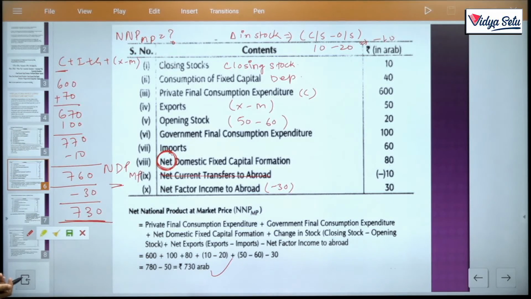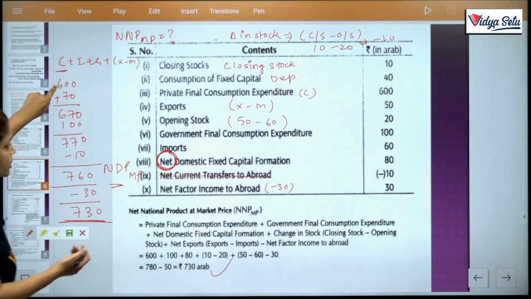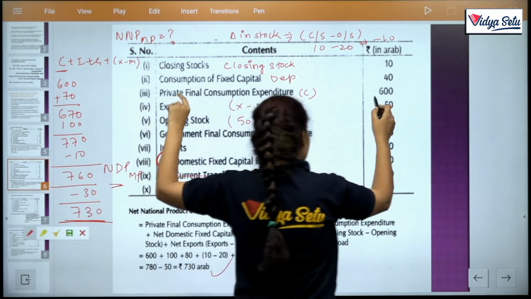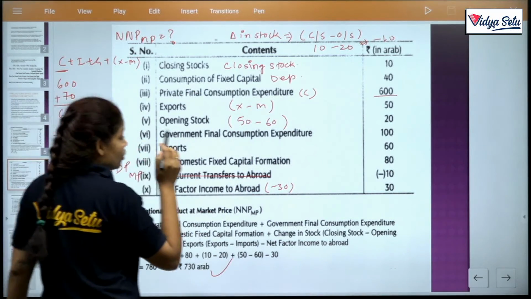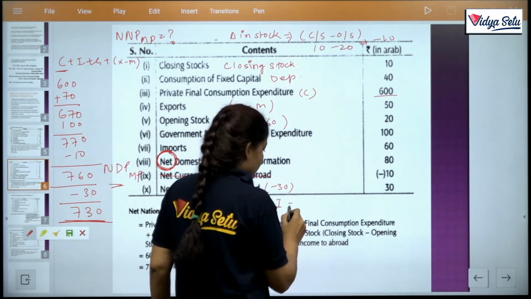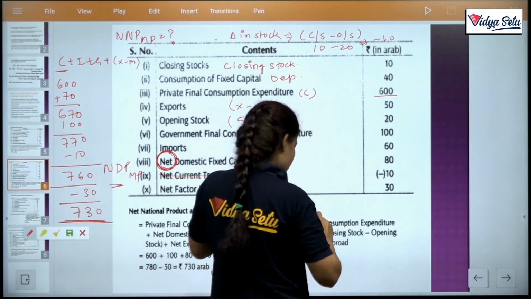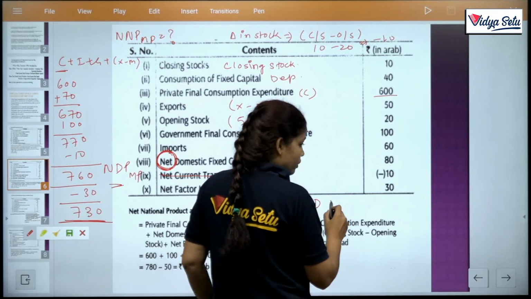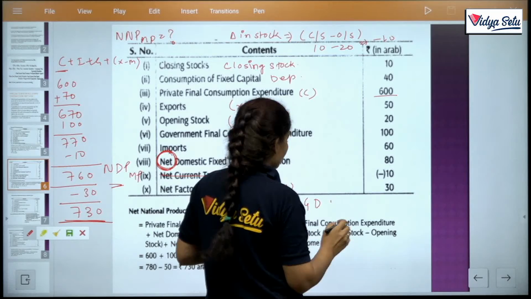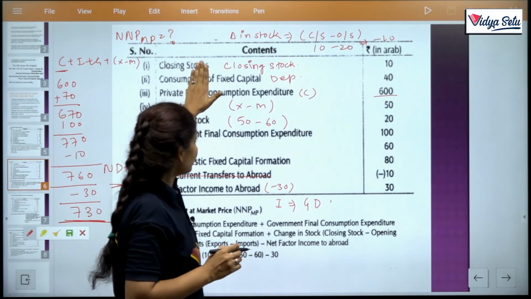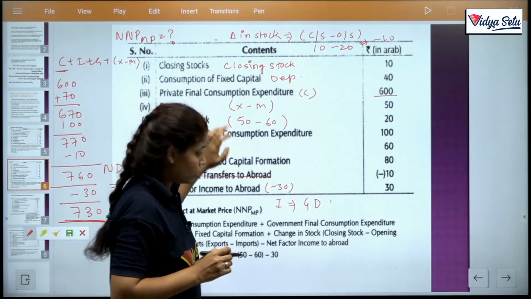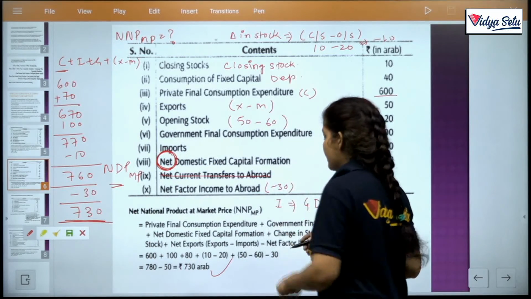We just follow the formula, that is C. Clear? So C, that means consumption expenditure, here is 600. Okay. Then I, the formula of I, that means gross domestic capital formation. If there is a capital formation word, gross domestic capital formation, then we don't adjust the closing stock and opening stock. But here the word is fixed capital formation.